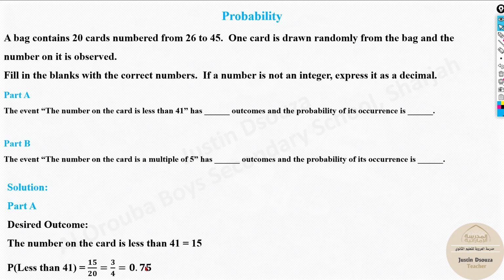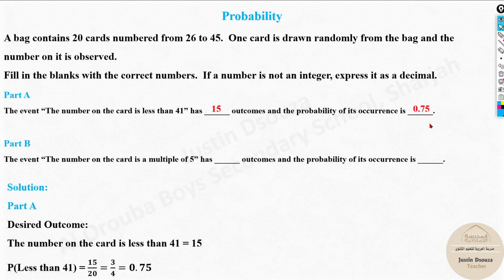So that is your answer over there, 0.75. I hope this is clear. Now when we are answering part A, just look over there. The number on the card that is less than 41 has 15 outcomes. See, this is 15 over here, and the probability of its occurrence is 0.75.